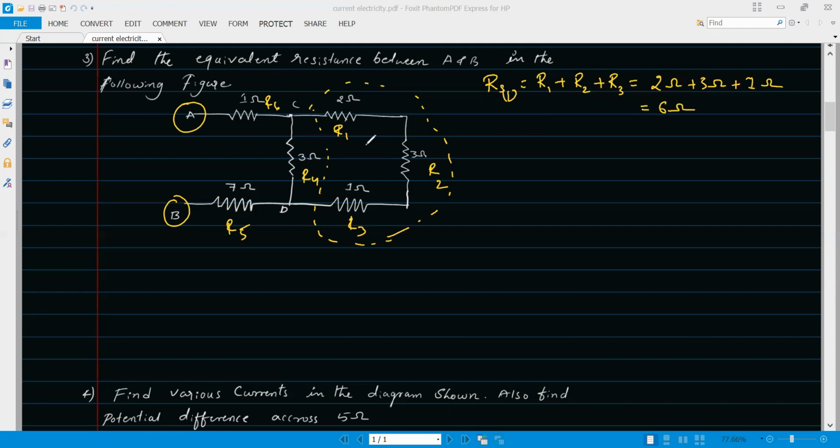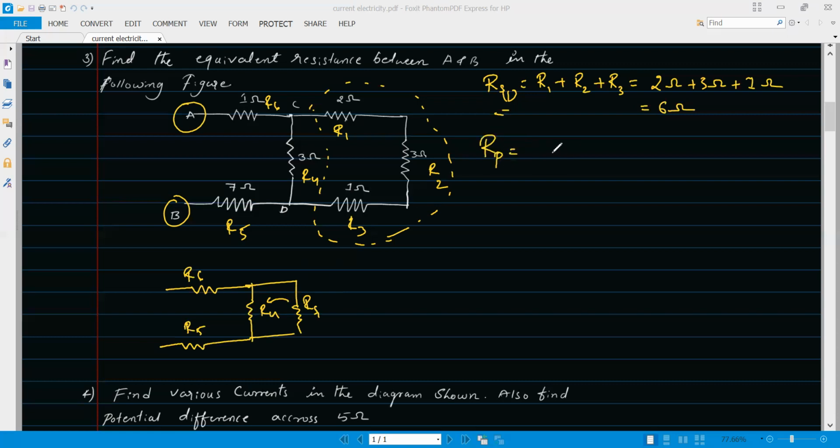Next, the circuit is now reduced and its equivalent resistance can be found. That means we can replace all these three resistances and make a circuit somewhat like this. Here is one resistance, and here is another. We have named these R6, R5 and R4. This RS1 is the complete equivalent, so we can write it here as RS1. Now these two are in parallel, so we solve for this.